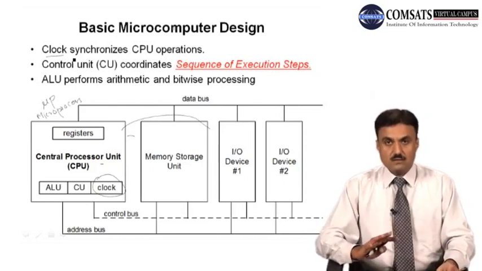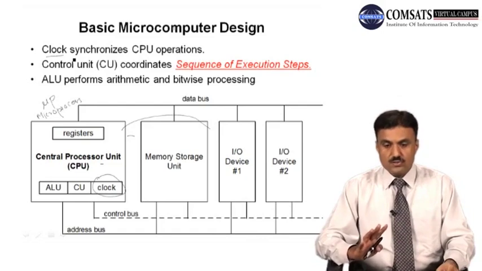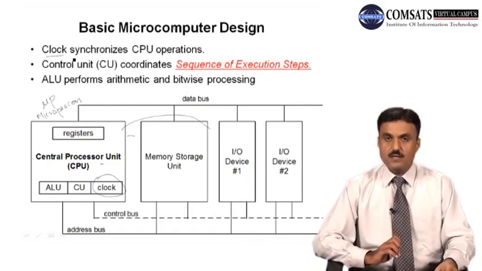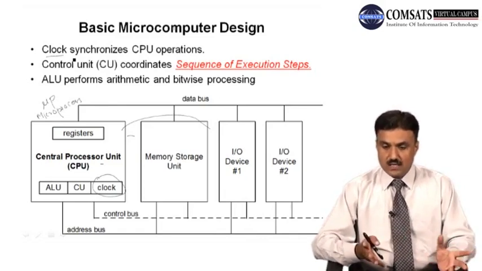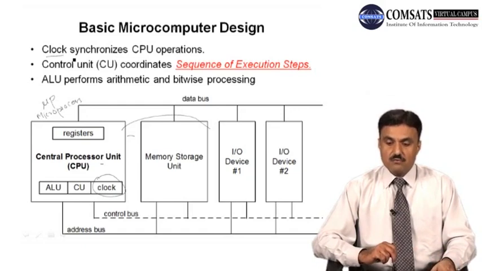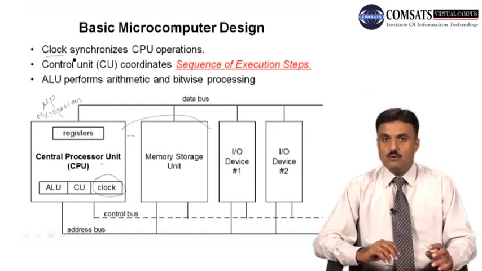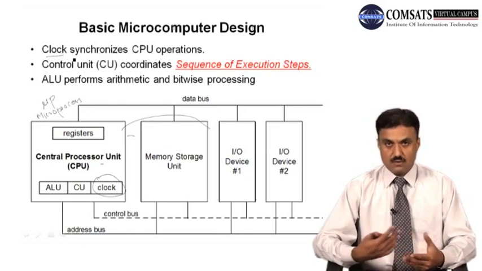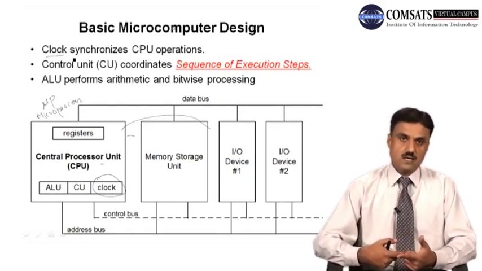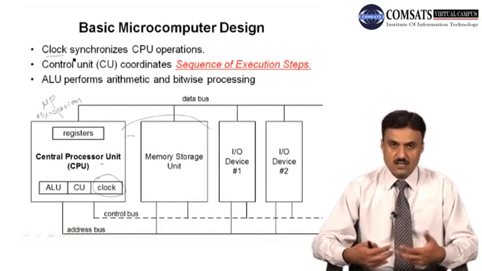Then there is the control unit. This is the most important unit; it coordinates between all these elements and performs the sequence of execution steps. For example, if we want to execute an instruction, what will be the first step, what will be the next step, and what will be the control signals.